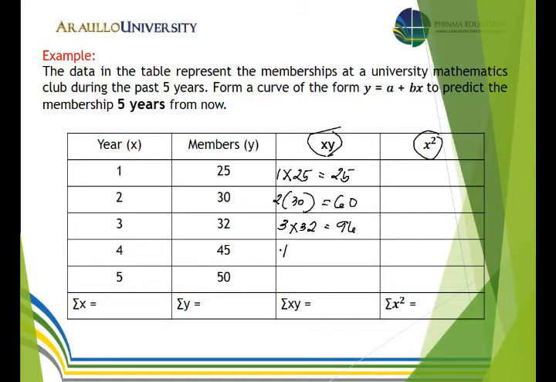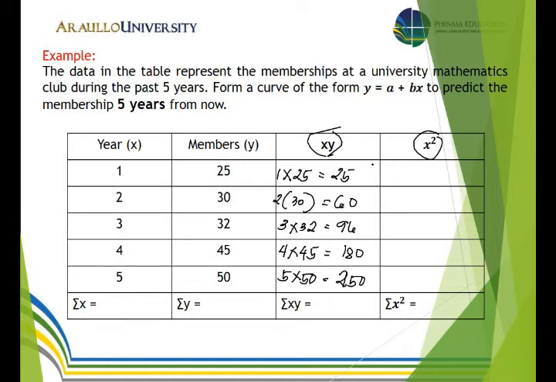And then 4 times 45, we have 180. And then 5 times 50, we have 250. So we have 25, 60, 96, 180, and 250.